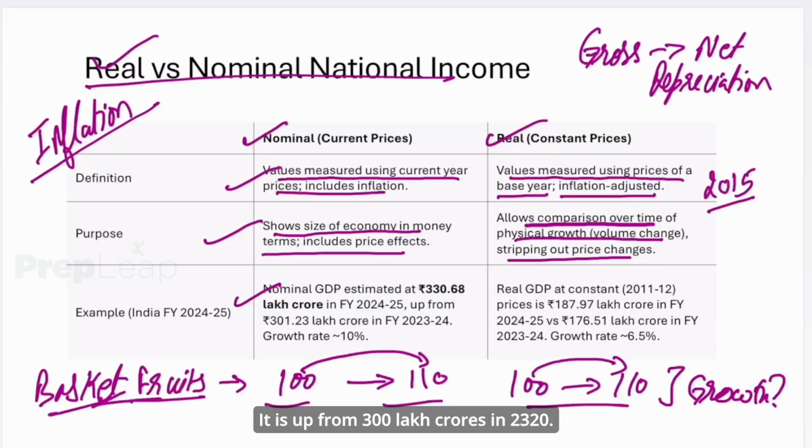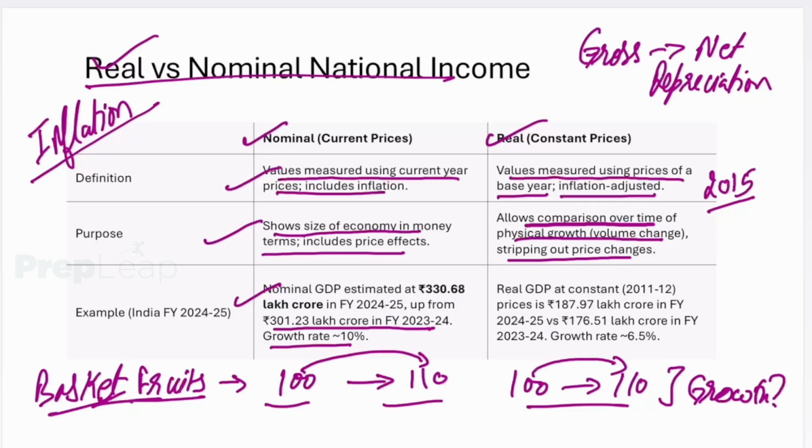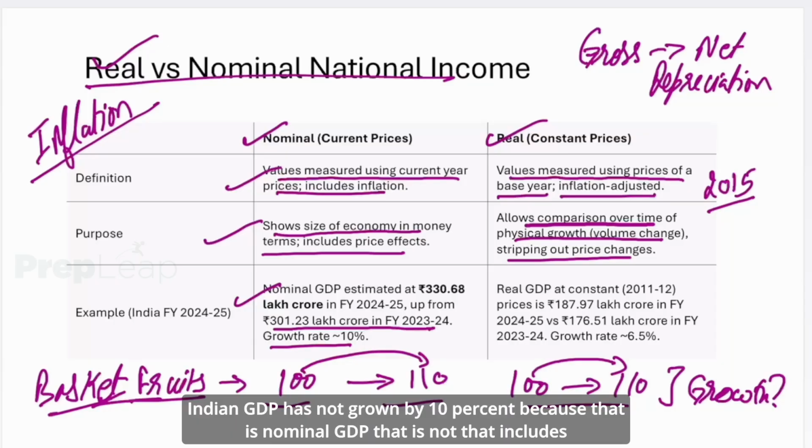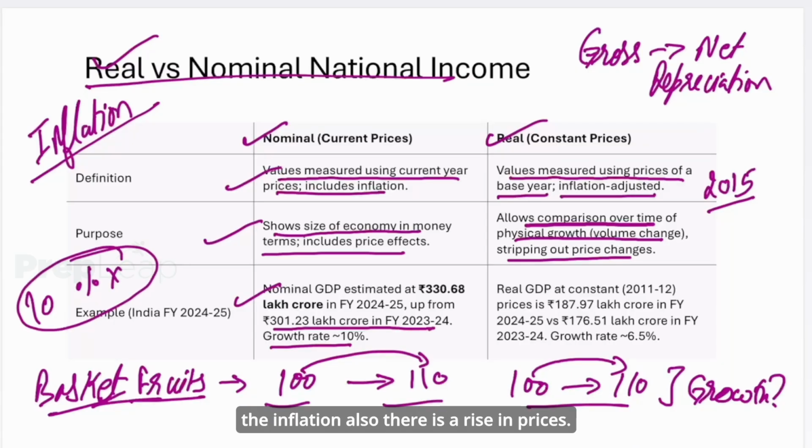It is up from 300 lakh crores in 23-24. So you would say India's GDP has grown by 10%. But have you heard that in the news? No. Indian GDP has not grown by 10% because that is nominal GDP. That includes the inflation also. There is a rise in prices. Thus the GDP has grown.